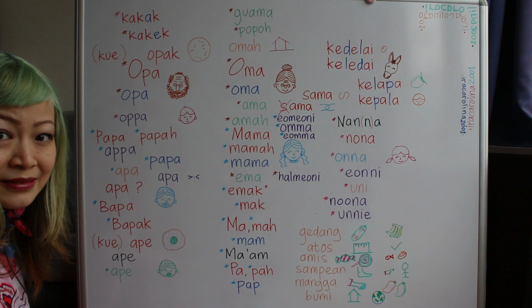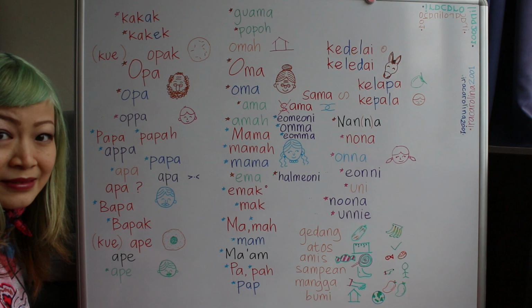In Mandarin or Chinese language, we also call grandmother with Emma. Emma, grandmother. And in Indonesian language, we have mak and emak for mother.